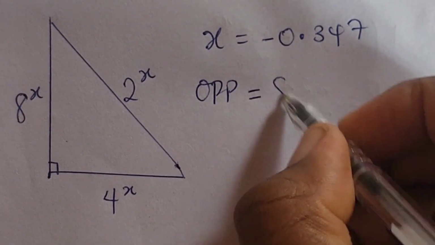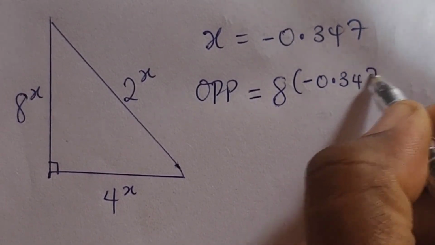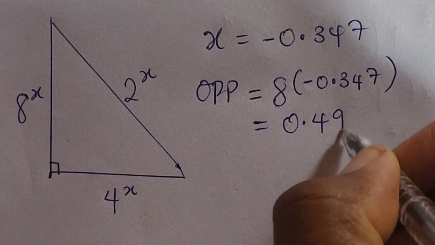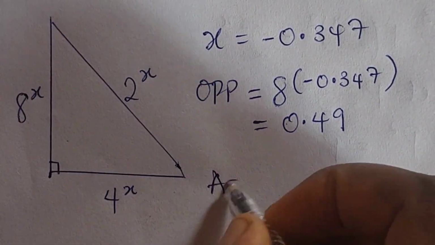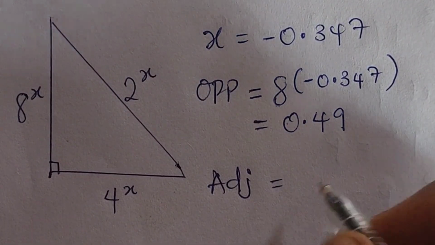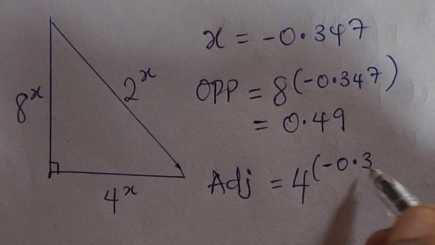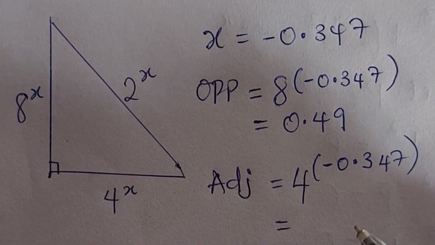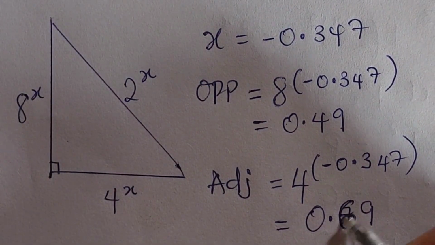So from here, our opposite will be equal to 8 to the power of minus 0.347, which is equal to 0.49. And our adjacent, we have the adjacent to be equal to 4 to the power of minus 0.347, which is equal to 0.62.